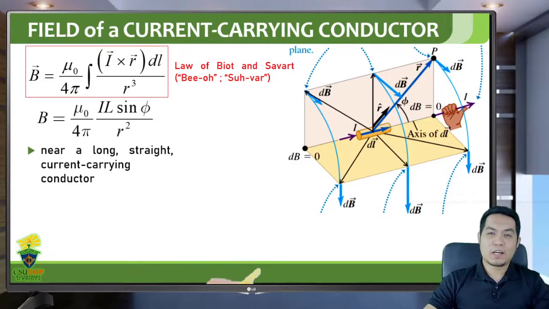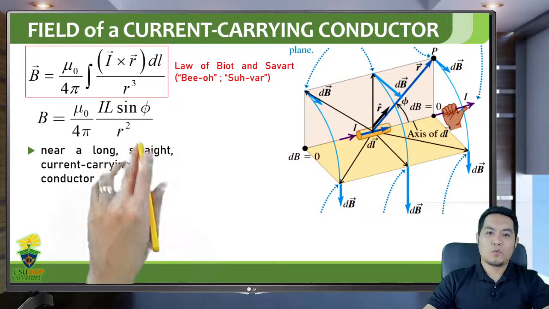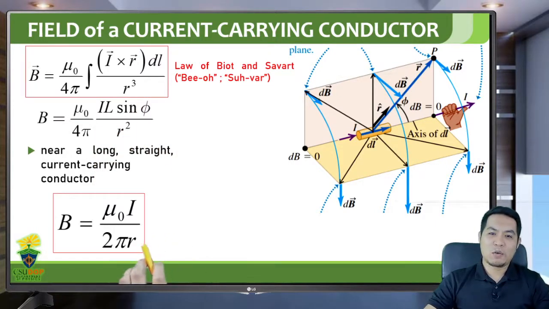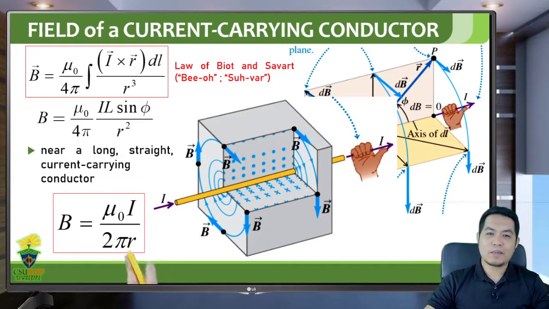In this lesson, we will only consider the magnetic field at points near a long straight current carrying conductor. In that case, this equation will reduce to this equation. If you're only trying to find the magnetic field near a very long straight current carrying conductor, then the law of Biot-Savart simplifies to this equation.